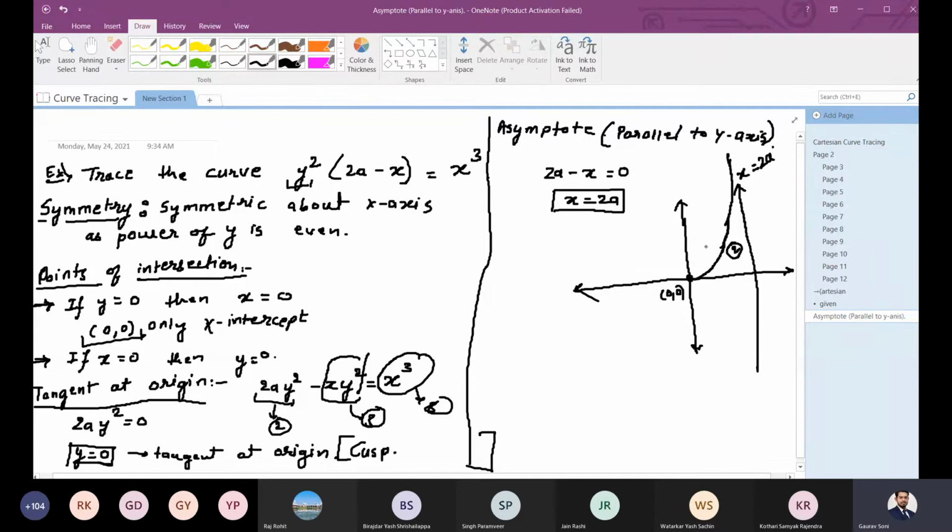So depending on these four criteria, 70% examples can be solved. Okay. Just for that 30%, we are going for the region of absence. Now our curve is symmetric about x-axis, so I will simply take the reflection over here.